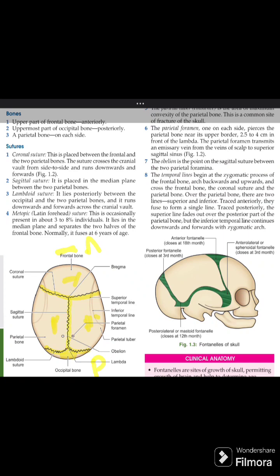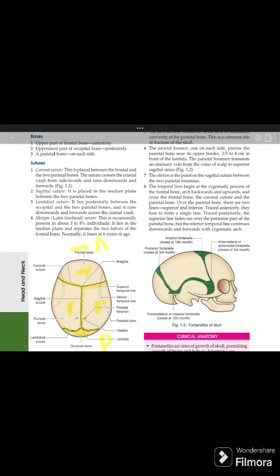If we talk about the coronal suture, that anterior suture we call the coronal suture, it is placed between the frontal and the two parietal bones. You can see this is the frontal bone, and this is the parietal bone. So between the frontal and two parietal bones, this is the coronal suture.